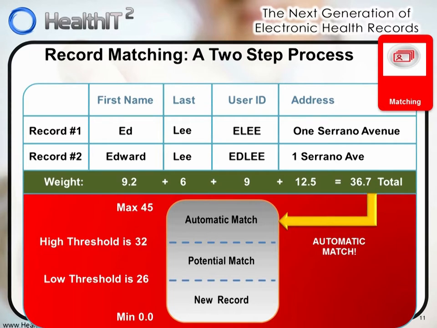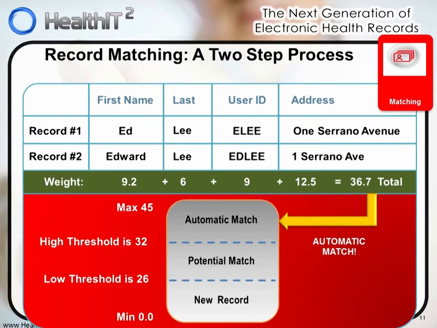We're saying that record number 1 is actually a new record to the index, meaning there's nothing like it, it hasn't seen it before. In between that, we've got the area of a potential match or a potential duplicate. And what OHMPI does when a record falls in between those 2 thresholds is it actually flags them as a potential match and puts it into a queue for a user to examine.